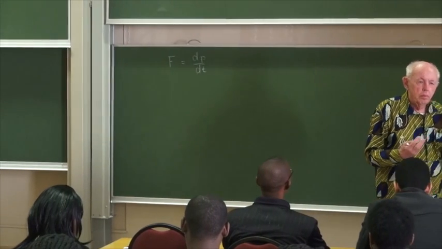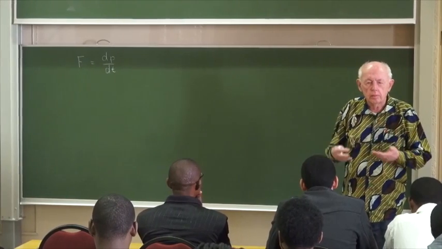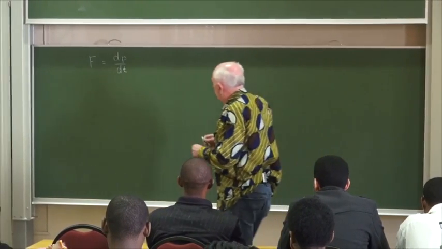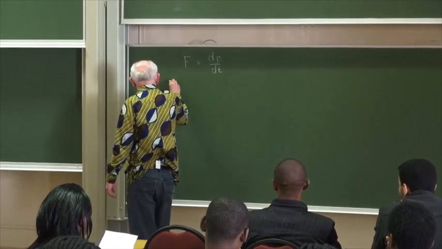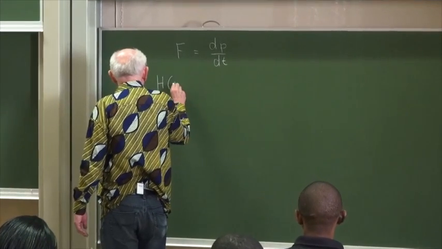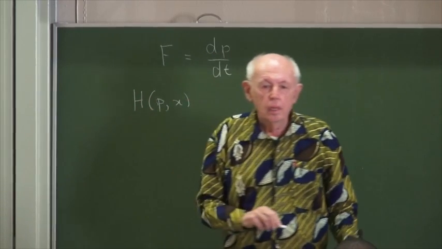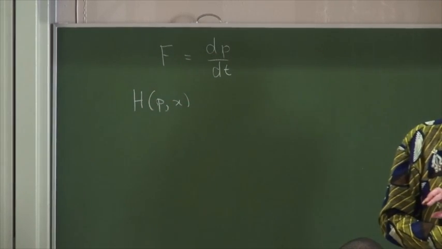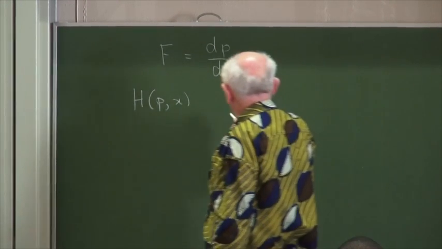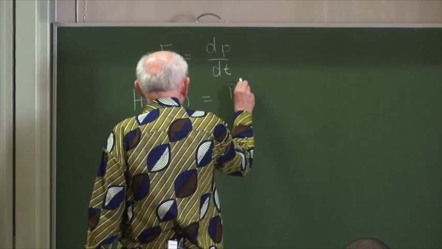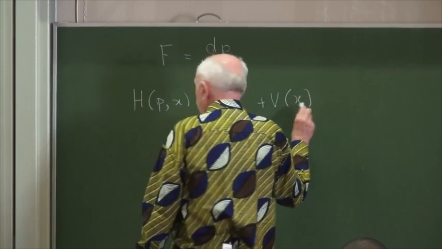We looked at Newton's laws, and then we derived from that the idea that we have a Hamilton function, which is a function of p and x, of the momentum and the position, which is equal to p squared over 2m plus V of x.